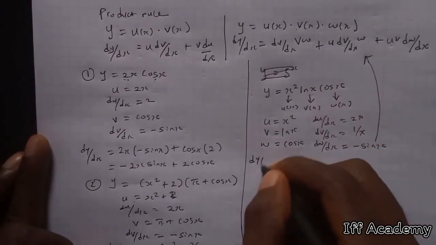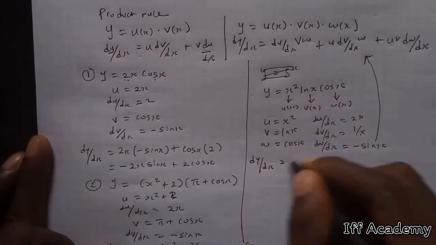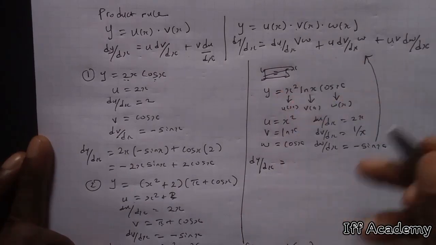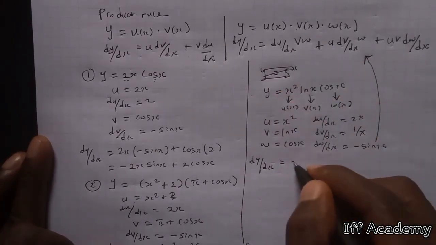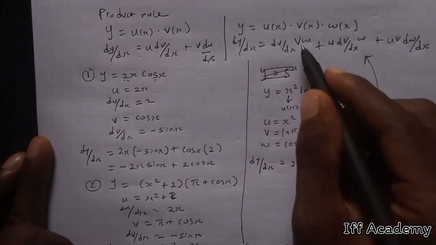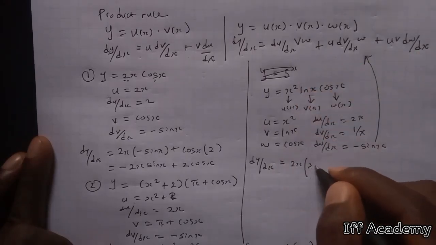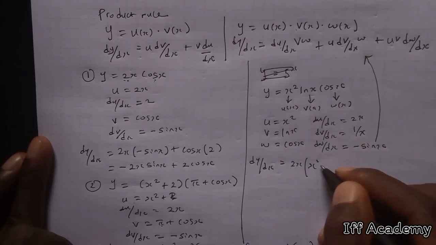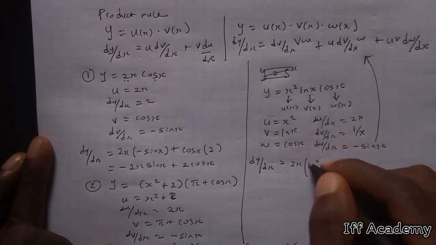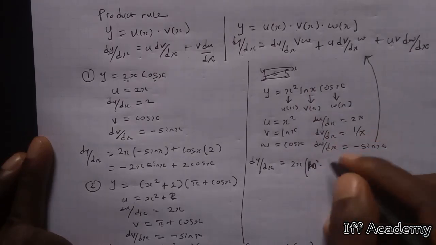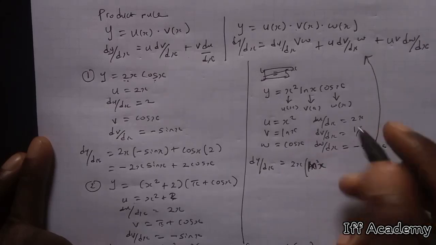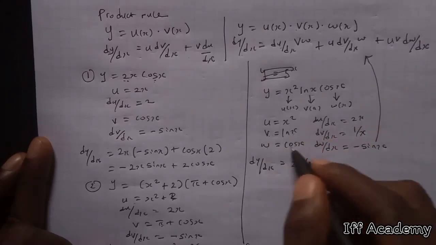So your dy over dx becomes du over dx, which is 2x, multiplied by v and w. So multiplied by ln x, because that's your v. v is ln x and w is cos x. That's ln x cos x.